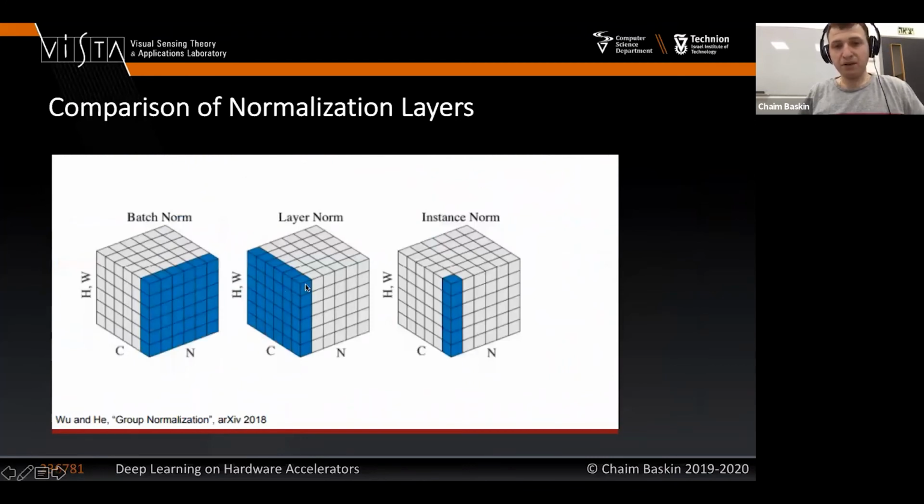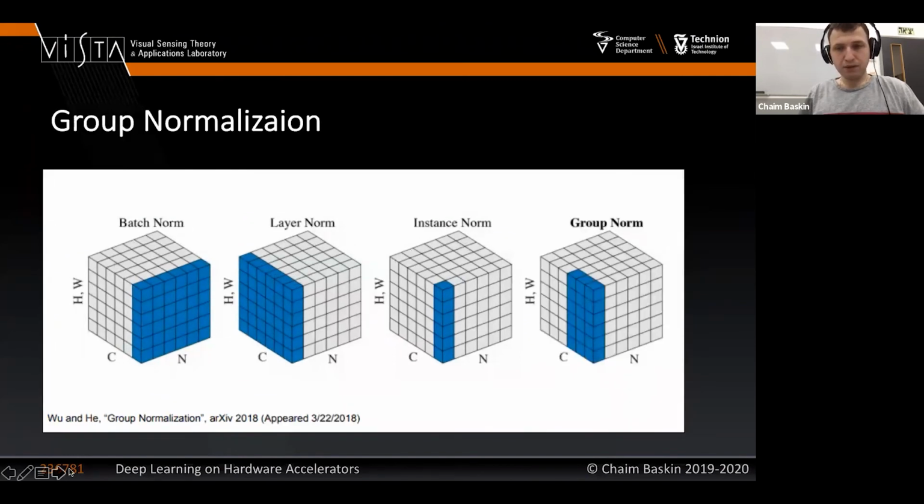So, a comparison of our normalization layers. In batch norm, for each C we have parameters. In instance norm, we have them for each one of them. If we use layer normalization, we have a parameter for each layer.